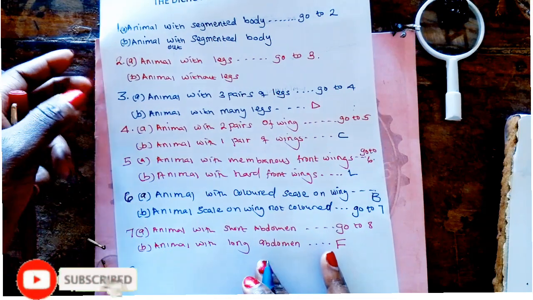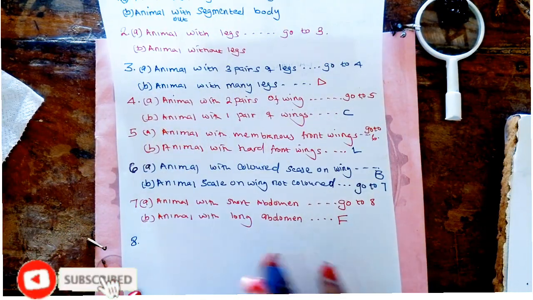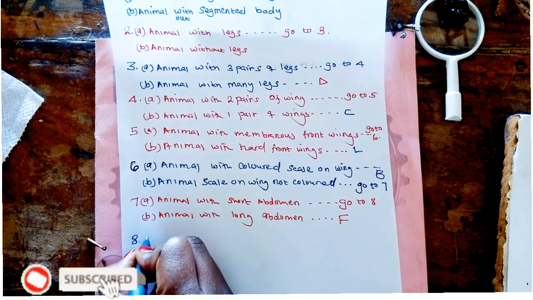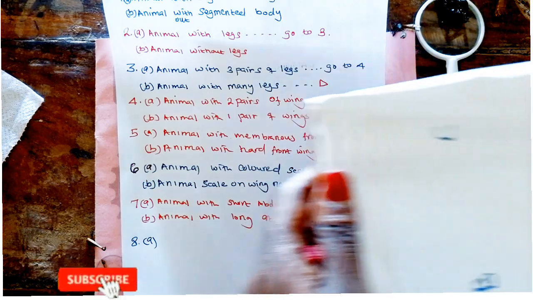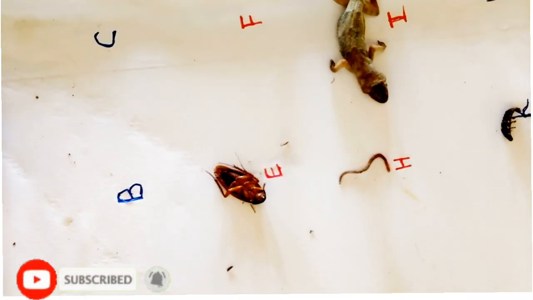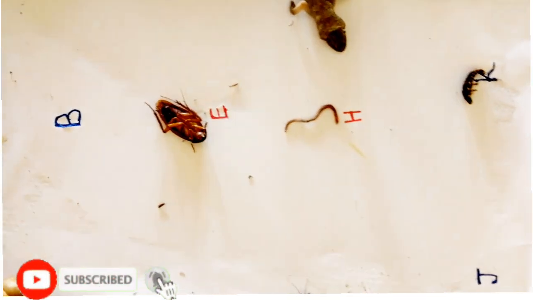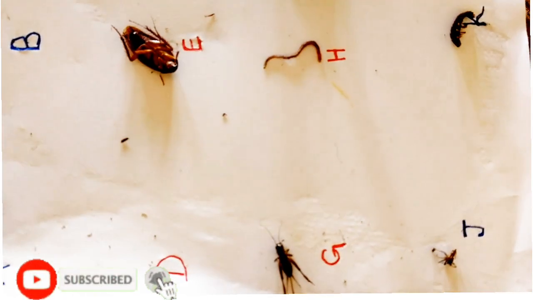Is there any question so far? No? I can hear. There is no question so far? Yes. You okay? So part A, we want to now distinguish these two. They both have long antennae, but look at the size of their wings.